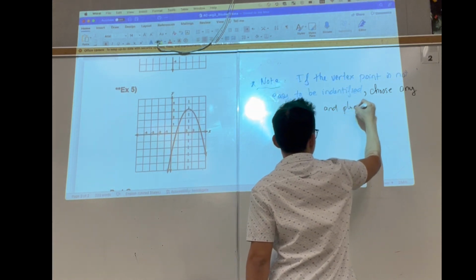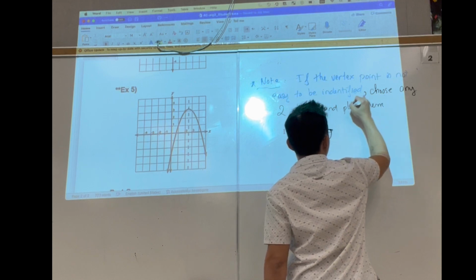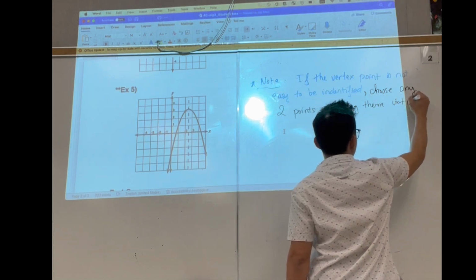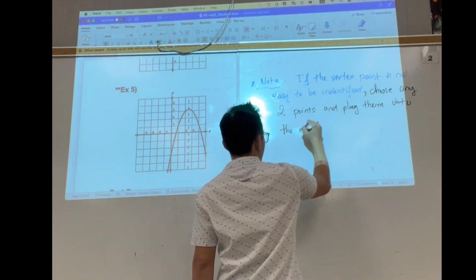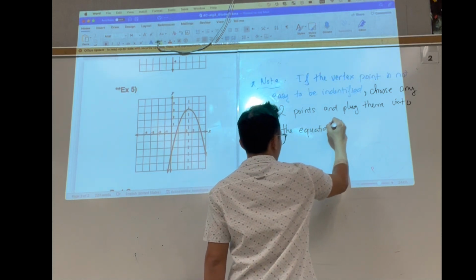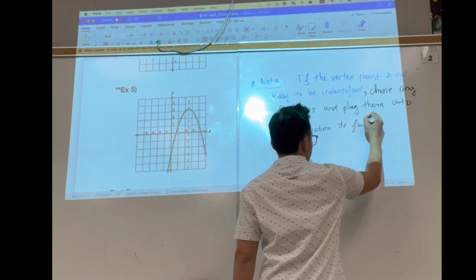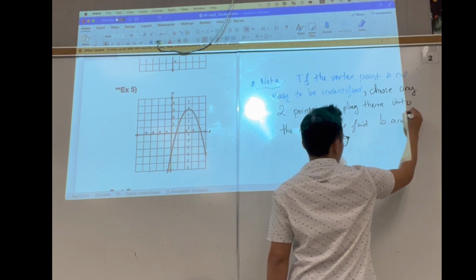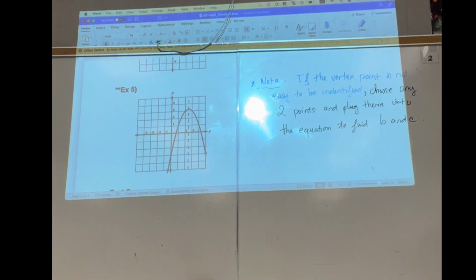Choose any 2 points and plug them into the equation to find B and C. Because with 2 equations, you can find 2 variables.